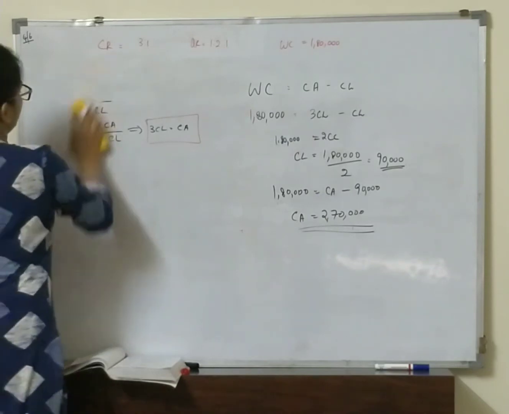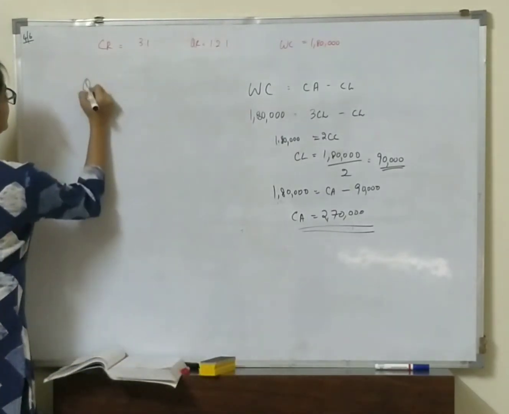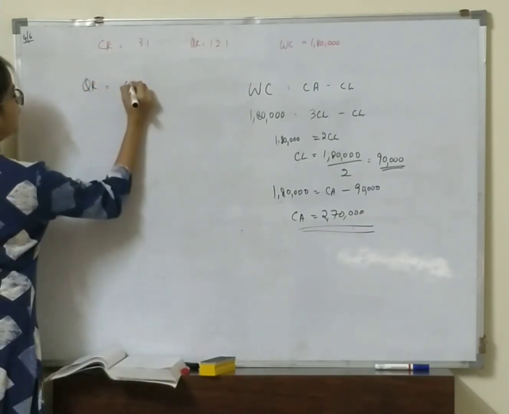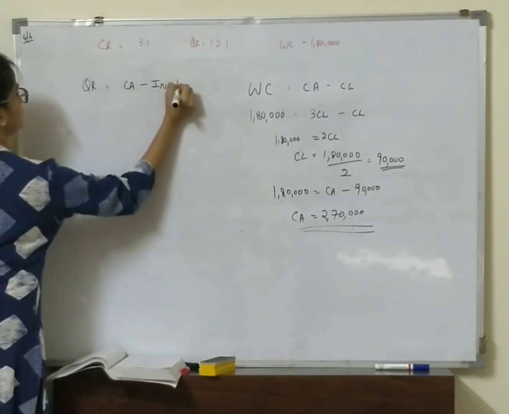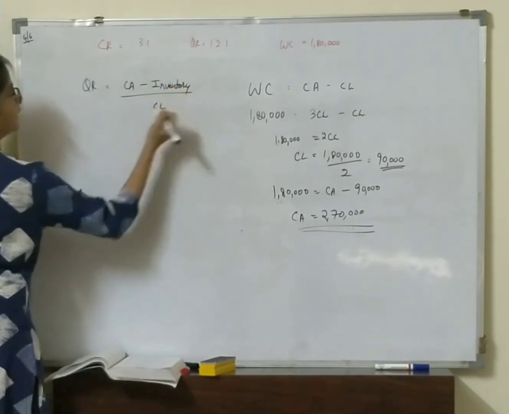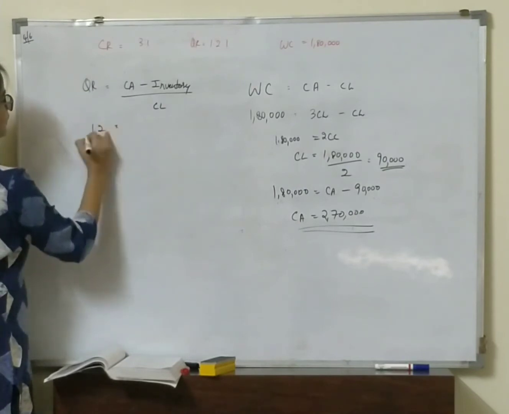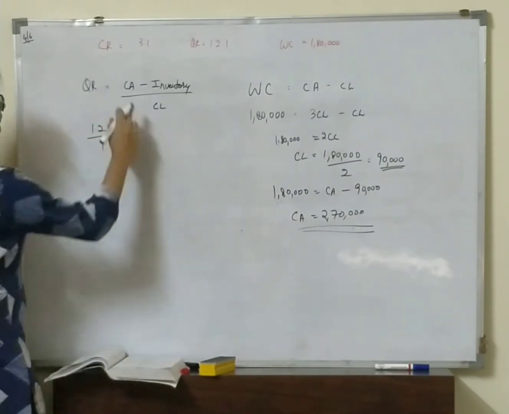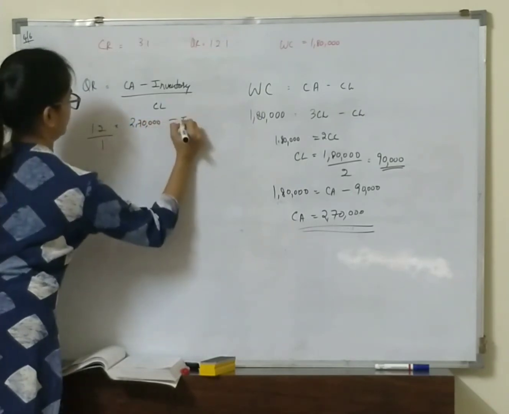How can we find the inventory? In the problem they have given us quick ratio. Quick ratio is nothing but current asset minus inventory divided by current liability. Quick ratio is 1.2 by 1. Current asset is 2,70,000. We don't know what is inventory.